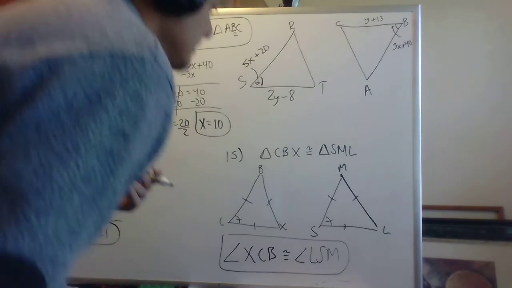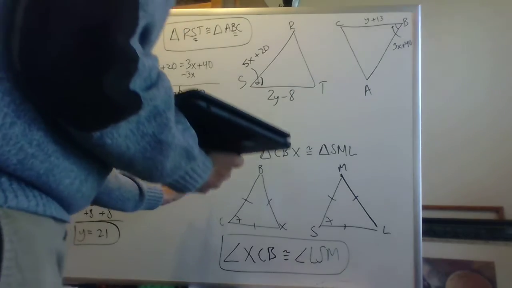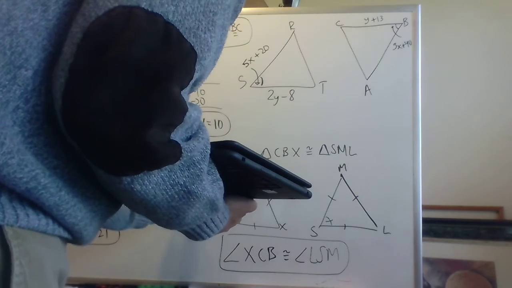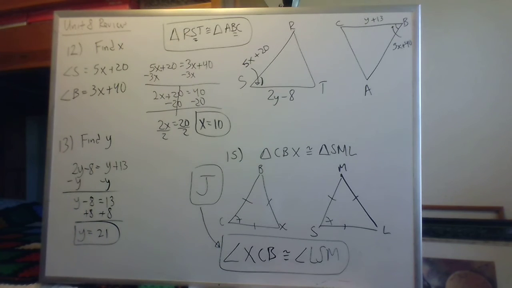So that would be the solution. Our solution would be J from the multiple choice. Okay, so we're going to move on to problem 20, which is write a two-column proof. I'm going to do that right now.